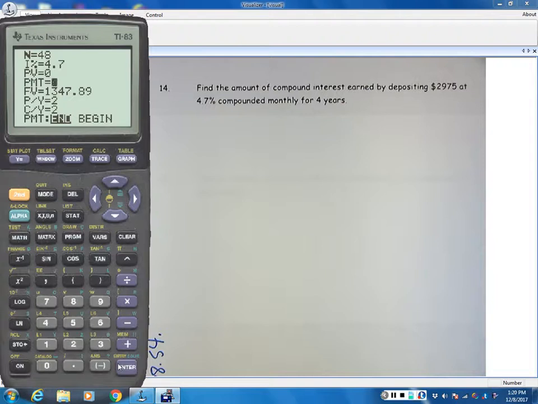So the payment amounts are $29.75. Is that payments or is that one lump sum? Because it says it's just depositing and it's compounded monthly. Let me read again. No, that is a lump sum, so you're right. And it's still negative.